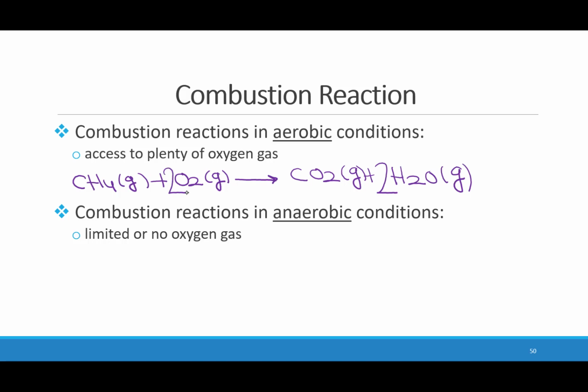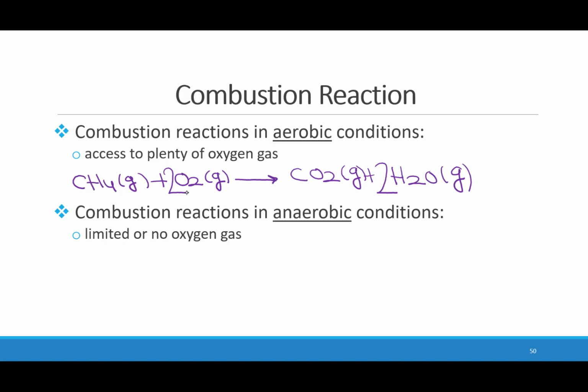Okay, that's for when we have plenty of oxygen, or when there is an aerobic condition, that means access to a lot of oxygen gas. Then for any organic compound in aerobic condition, it will be carbon dioxide and gaseous water.